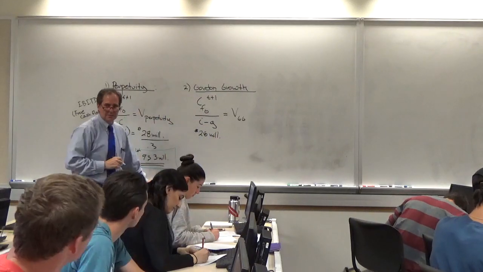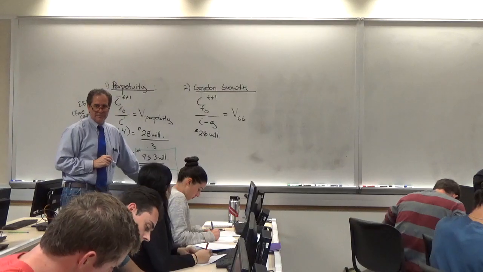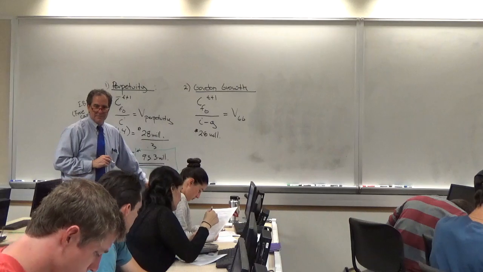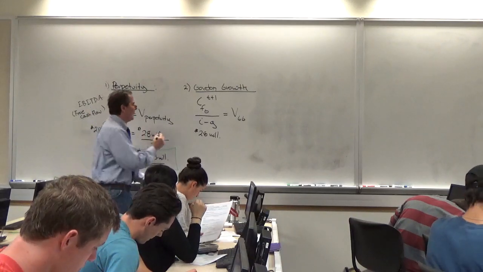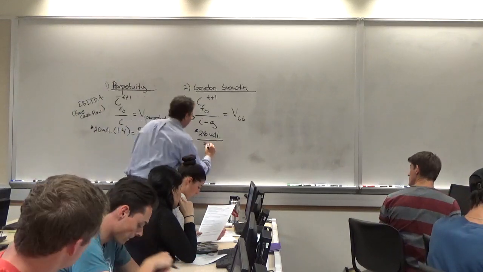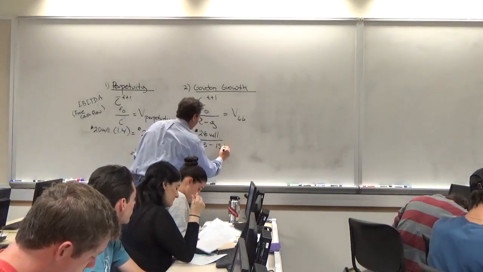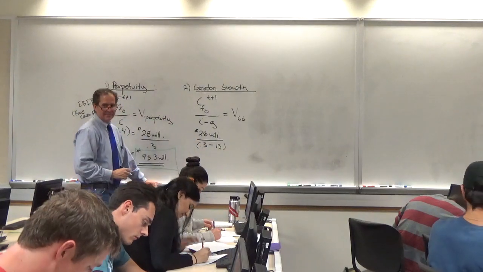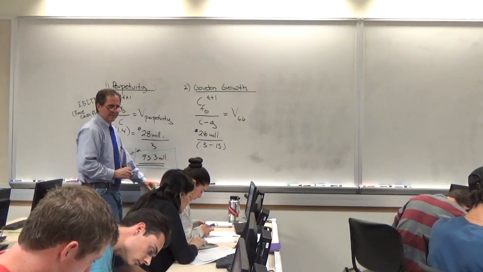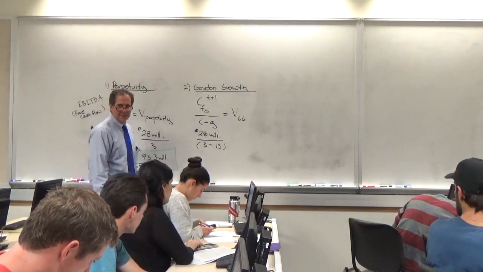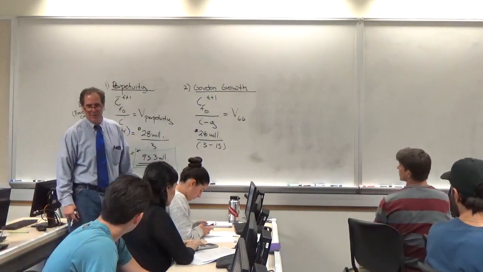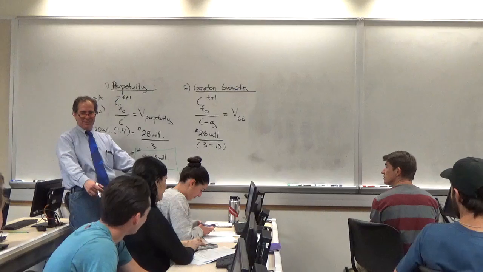Now what do we do? 0.3 minus 0.15, the growth rate, what do we get? Okay, let's just do subtraction in our head. 0.3 minus 0.15 equals 0.15.